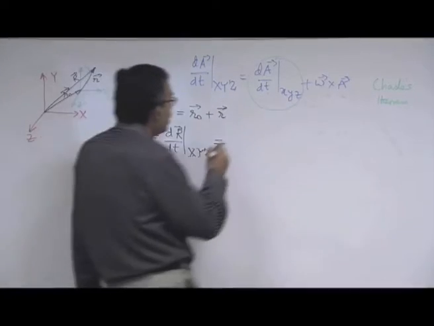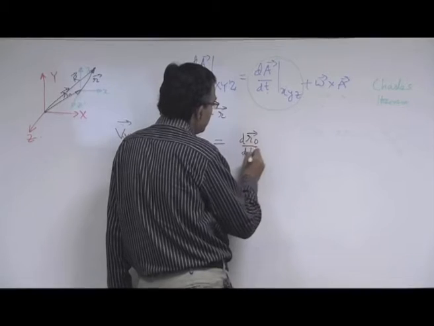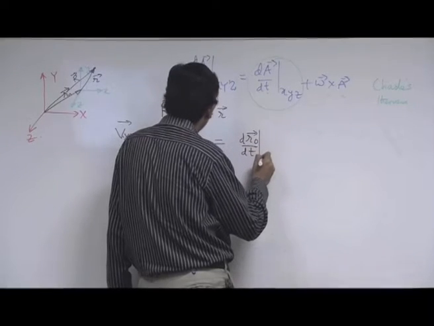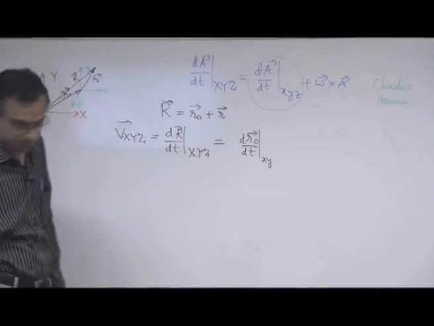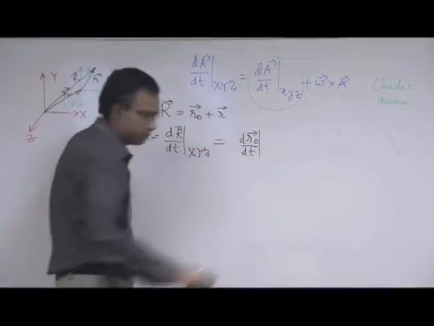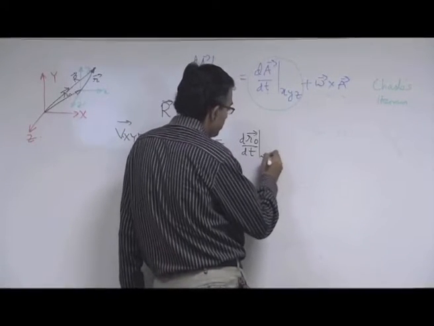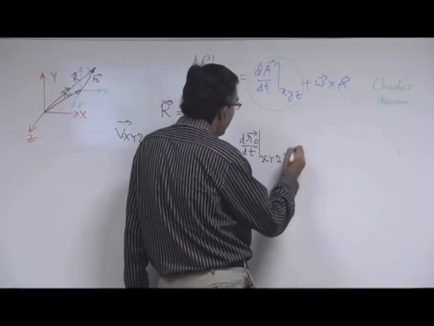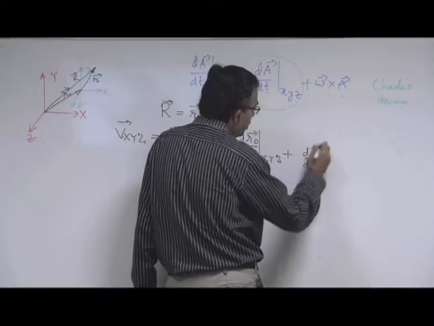This is dR0/dt with respect to capital XYZ, plus dr/dt with respect to capital XYZ.